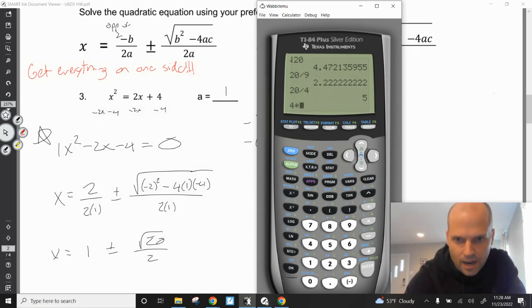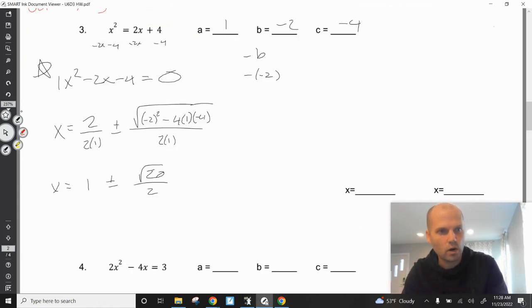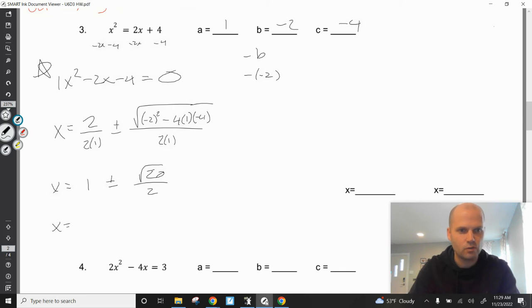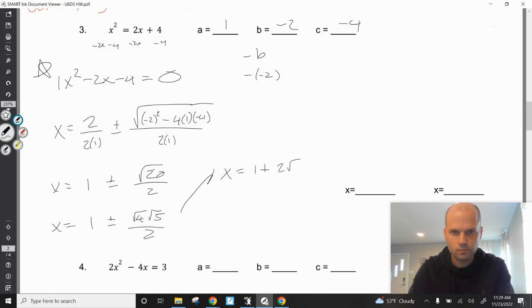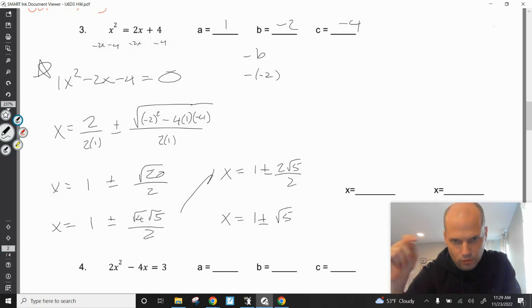That means 4 times 5 is 20, which means root 4 times root 5 is root 20. Root 4 is 2. 2 divided by 2 is 1. 1 root 5 is the same as root 5.